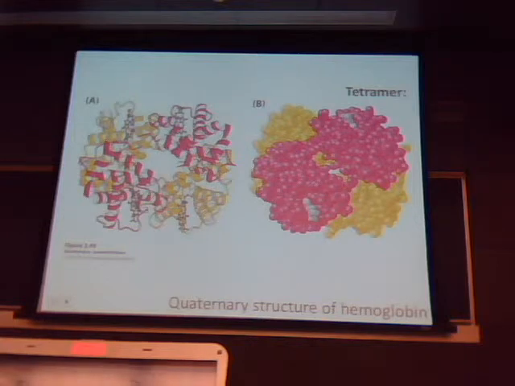If other subunits physically bond to each other, this change can be conveyed to the next one, such that the affinity of the next subunit for oxygen is enhanced. So the binding of oxygen is not going to be a very shallow response, but rather a very sharp cooperative response. Meaning the very first oxygen binding will make the next oxygen binding much easier.